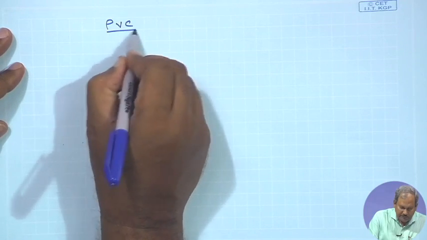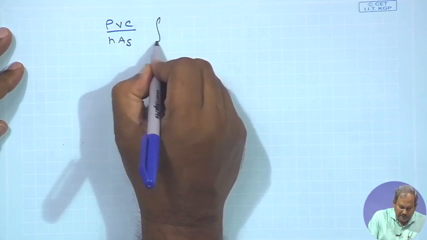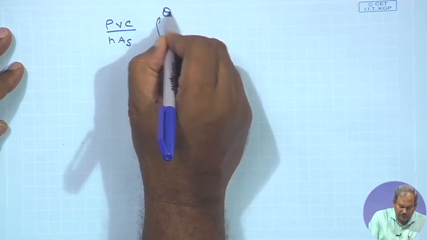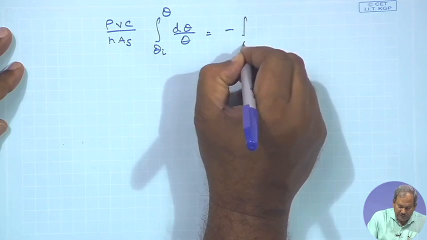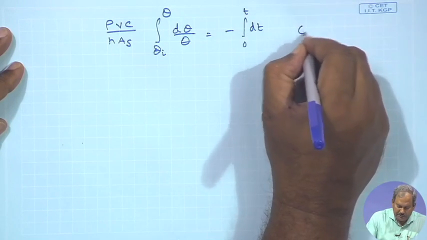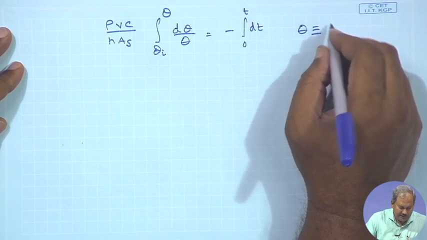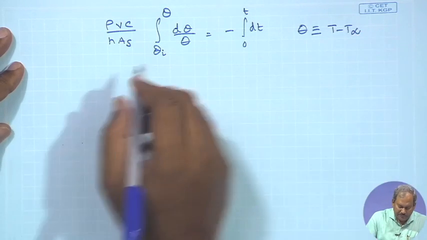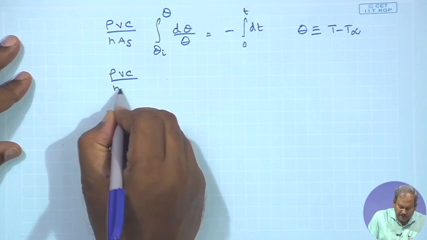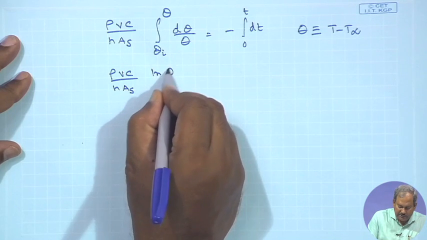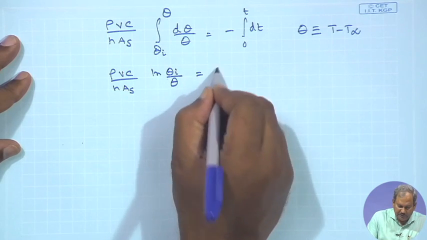So, if you integrate this expression, what you would get is rho V C by h A s, integration from theta i to theta of d theta by theta, is equal to integration from 0 to t of dt. Remember that theta has been defined as T minus T infinity. So, when you integrate this, what you would get is rho V C by h A s ln theta i by theta is equal to time.